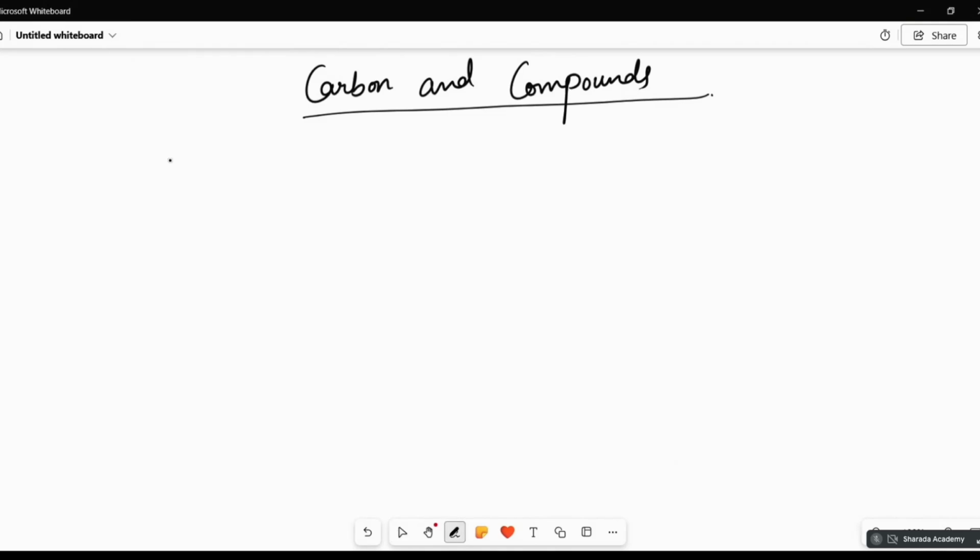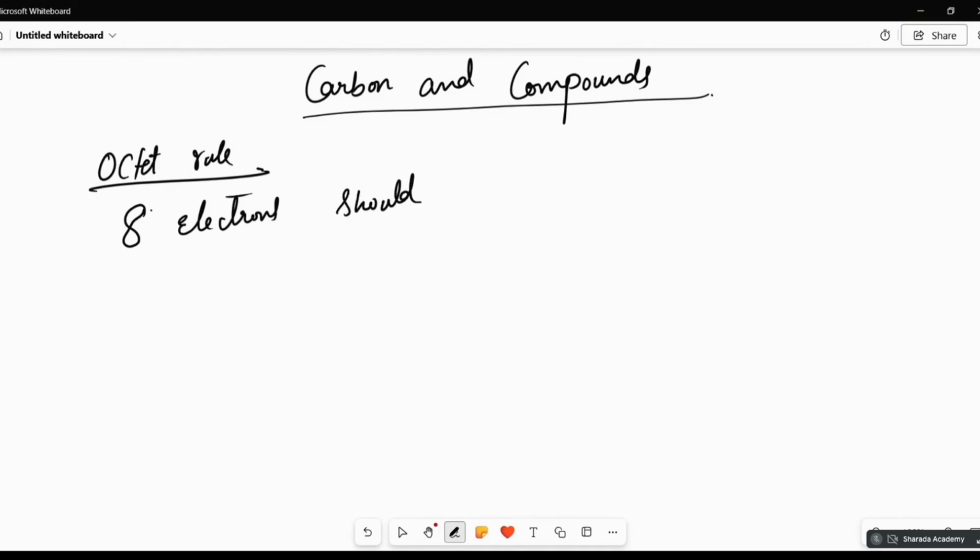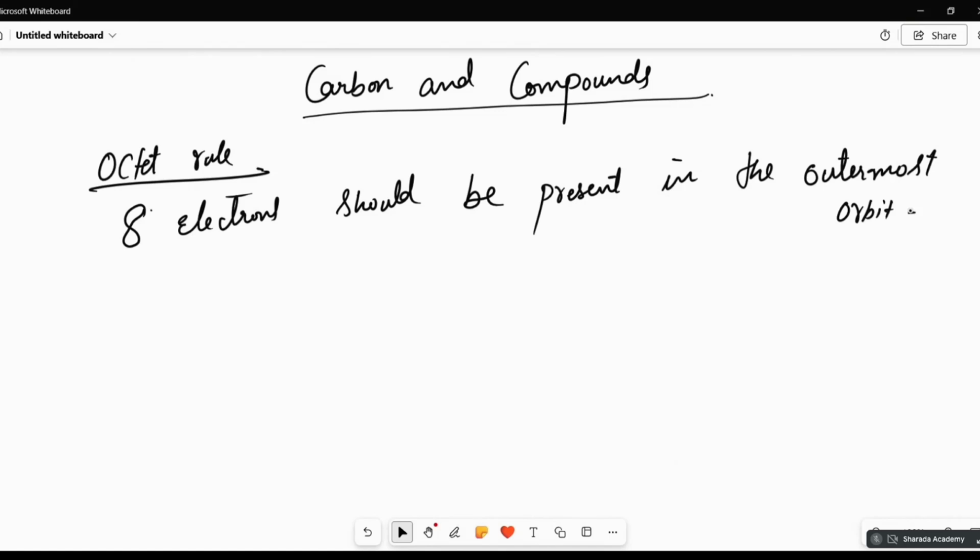According to the octet rule, 8 electrons should be present in the outermost orbit. Whenever it has 8 electrons in the outermost orbit, it becomes stable. So all the elements try to make 8 electrons in the outermost orbit.